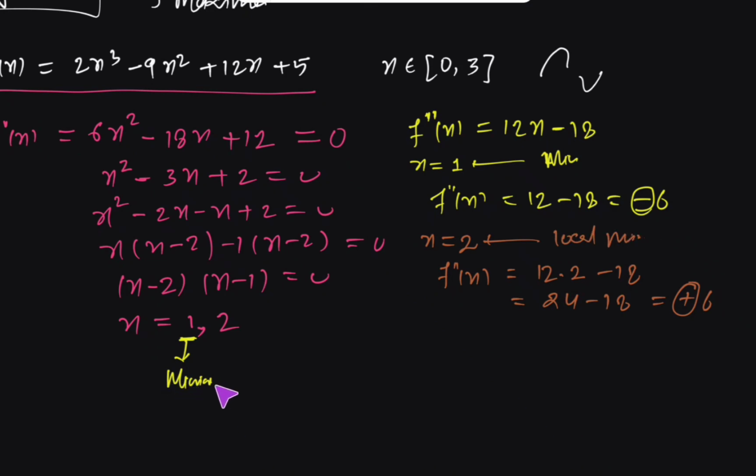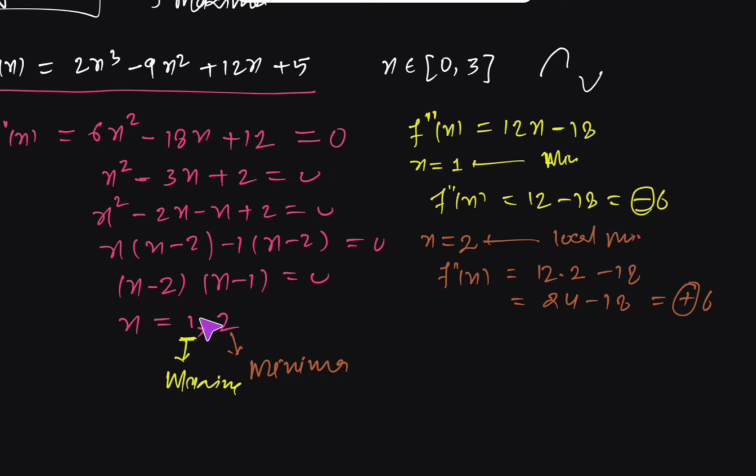This one, x equals to 1, is representing the minima, and this one, x equals to 2, is representing the maxima. It might be absolute as well.